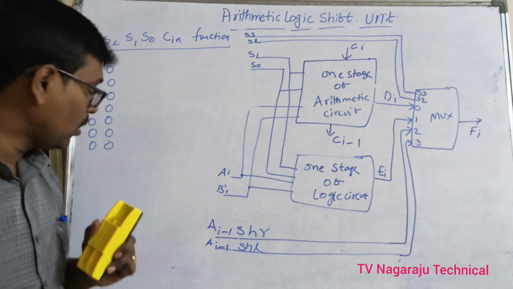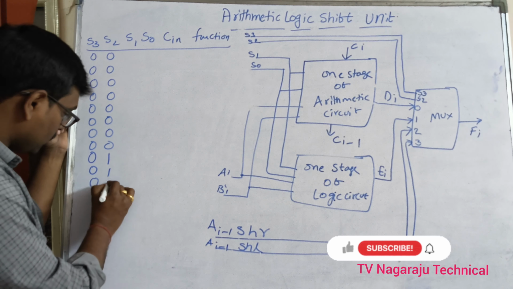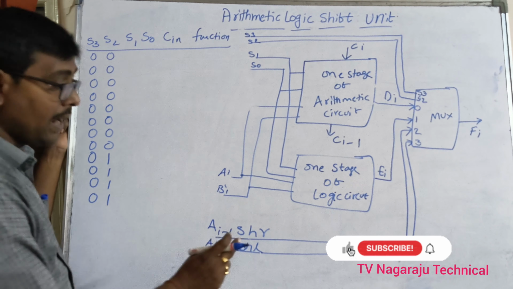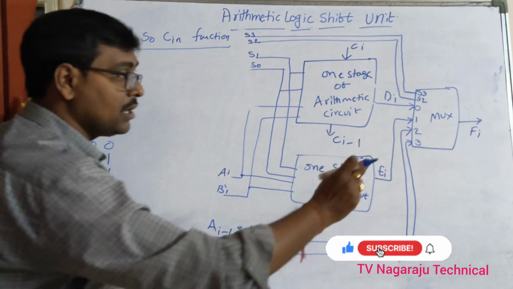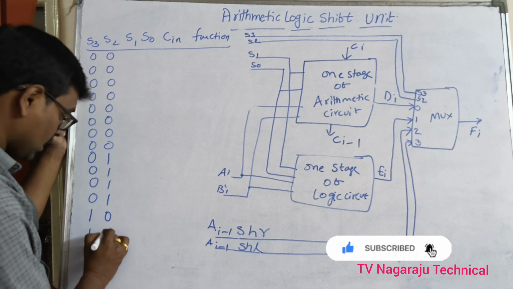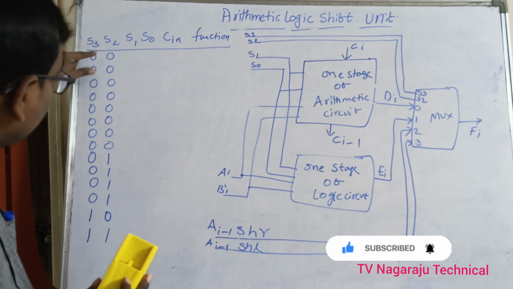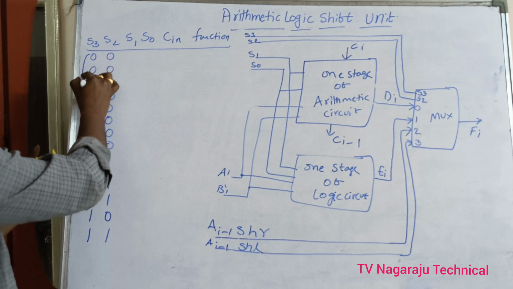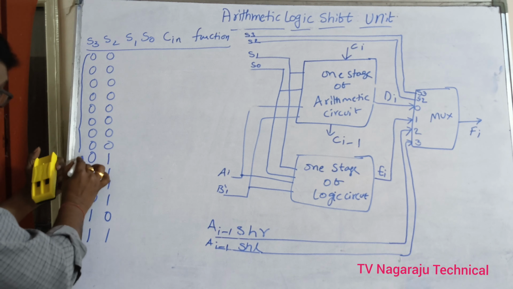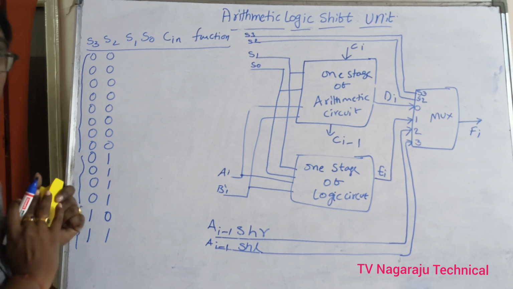Logic operation. We have a total of 4 logic operations. And only one shift right operation is selected for 1, 0, and one shift left operation is selected for 1, 1. Clear? Based on S3, S2, all these are arithmetic, these 4 are logic, this is shift right and this is shift left.